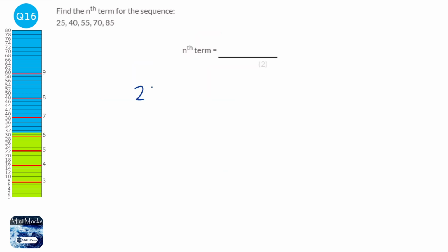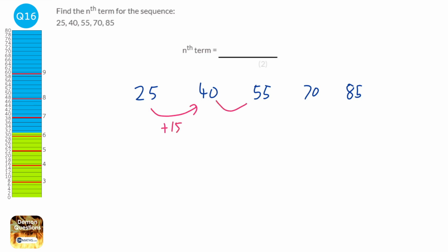So let's just write out this sequence. So first thing we're going to do is work out what the sequence is going up in. And we can see here that we're adding 15 each time in our sequence.